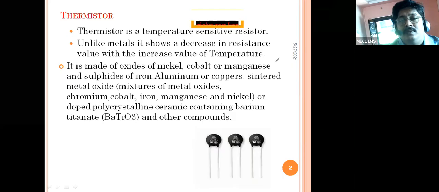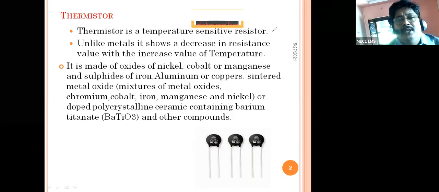The first specific function is that when the temperature increases, the resistance decreases. Another is that it also works in negative temperature, from minus 250 degrees centigrade, negative temperature coefficient, and it also measures positive temperatures.